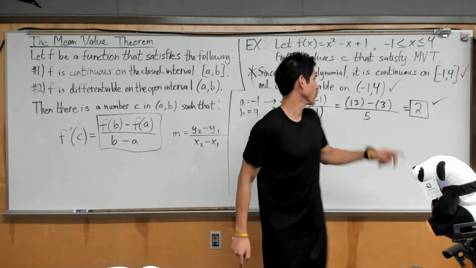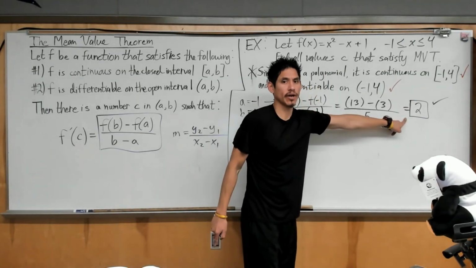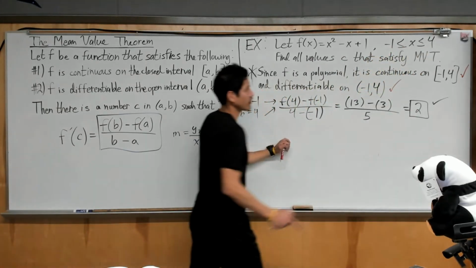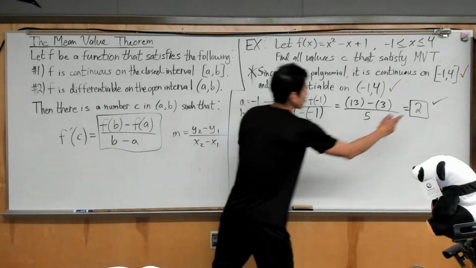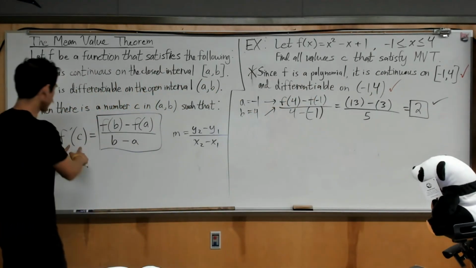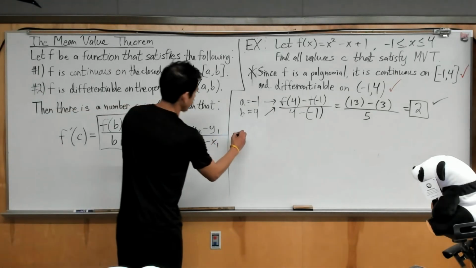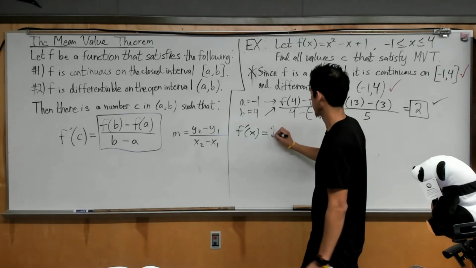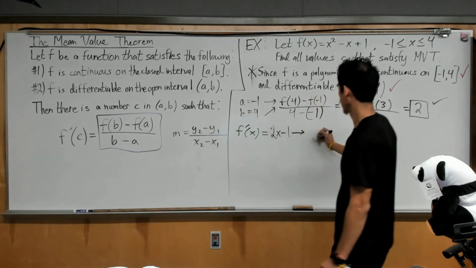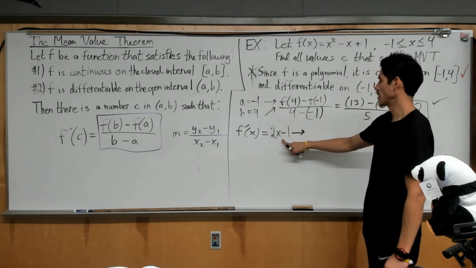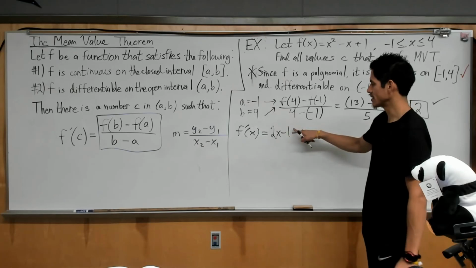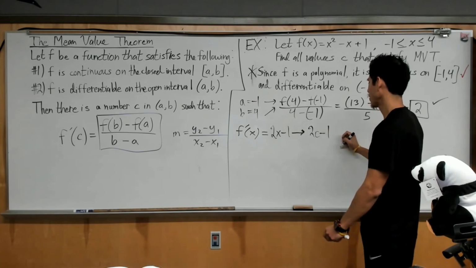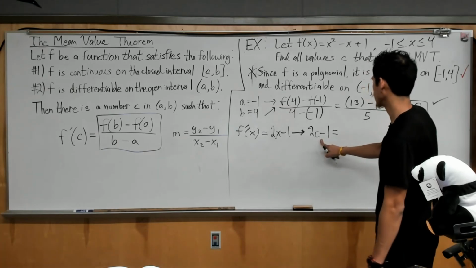Okay, so we want to find a value of x between -1 and 4 where, if we were to take the derivative at that value, we would get 2. So find first the derivative of the function. So f prime of x in general would be 2x minus 1. Now we want to find this x value, which we're going to call c, and we're going to set this equal to 2.